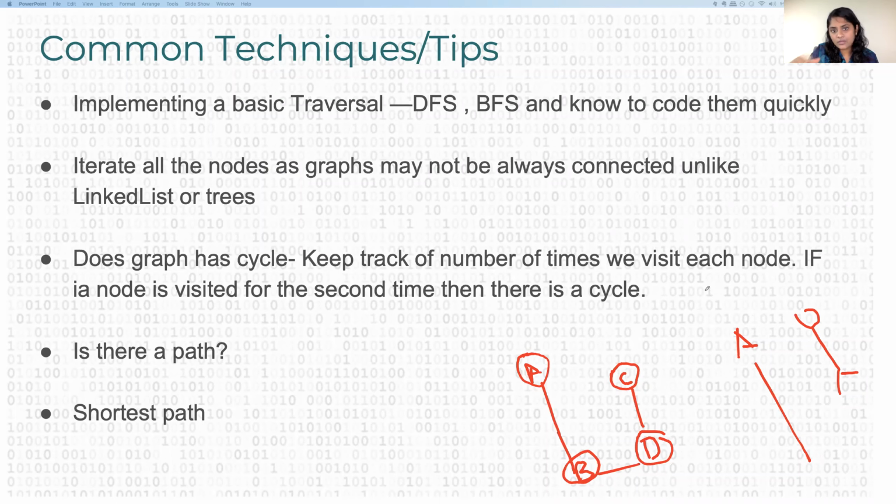So just keep doing the DFS here, and if we have visited the node more than one time, then you'll know that there's a cycle. And to see if there is a path, of course, you can use DFS or BFS here. But to find the shortest path, as we discussed earlier, BFS makes more sense than DFS.